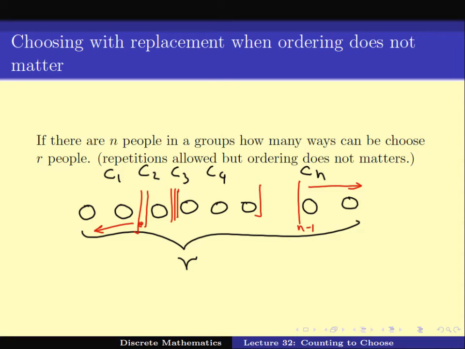So the number of ways you can permute or write down a string formed with r circles and n minus 1 lines is the number of ways you can pick r constables from n constables, where you draw with repetition but ordering does not matter.